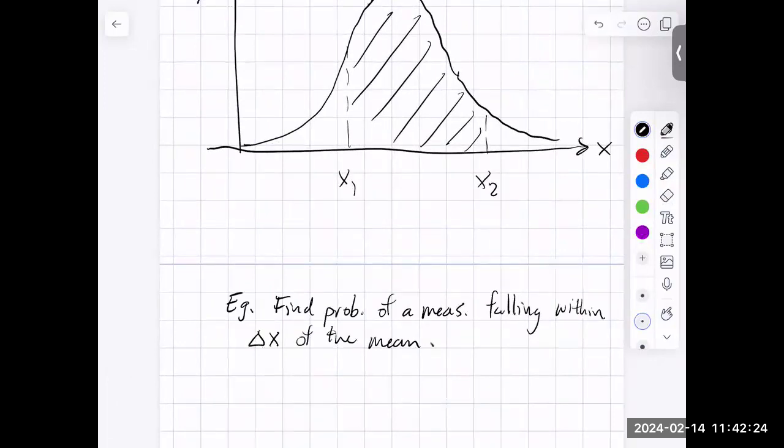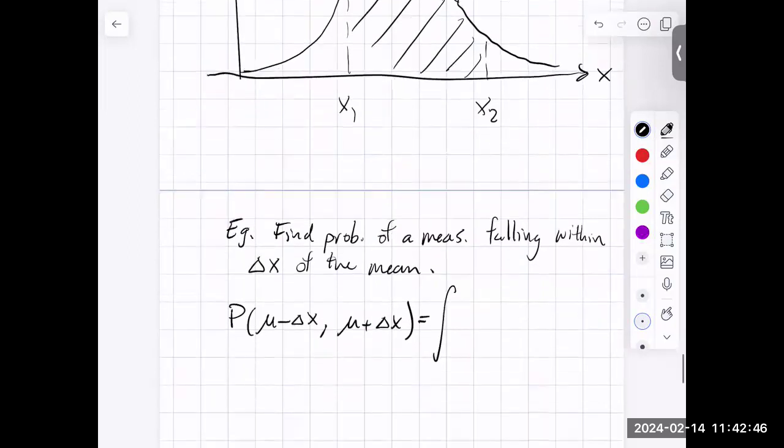Okay, so we want the probability of something falling within the mean minus some delta x, and the mean plus some delta x. And all we have to do is evaluate this integral.